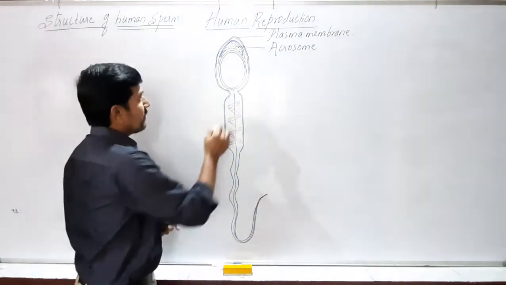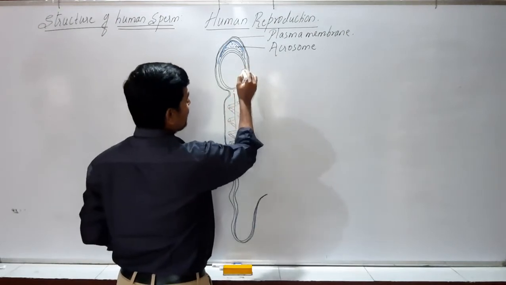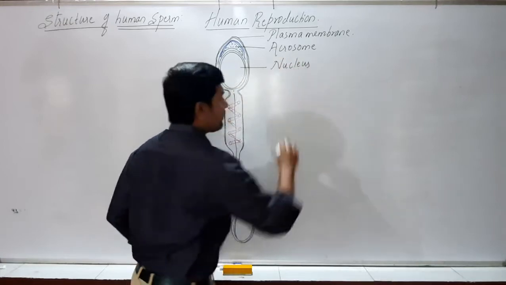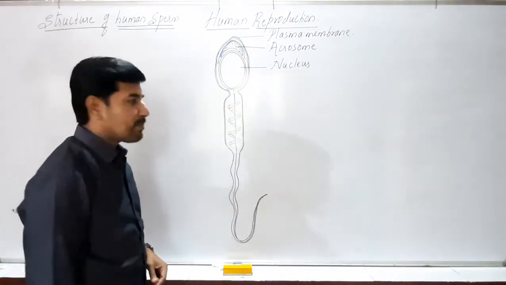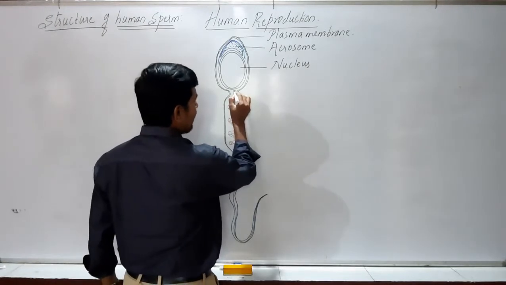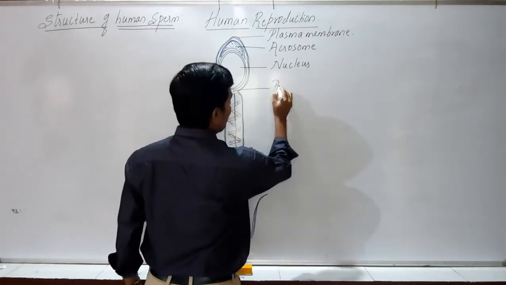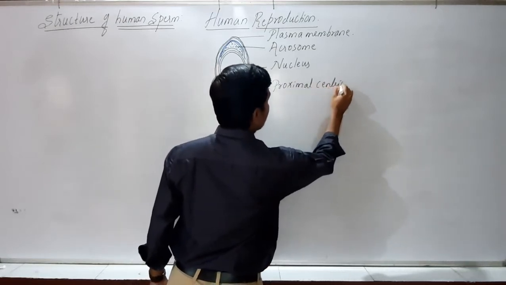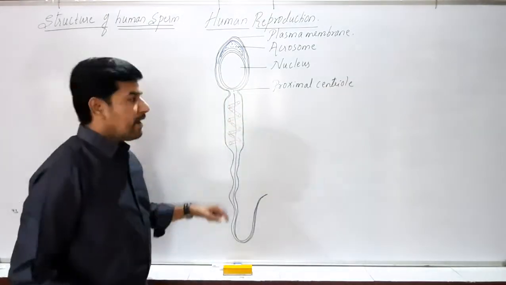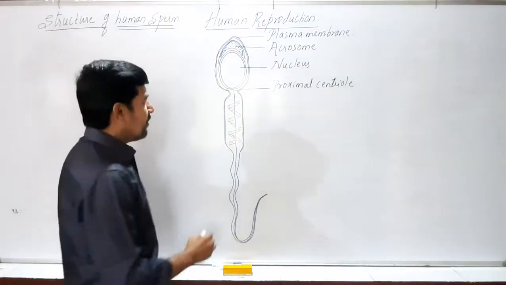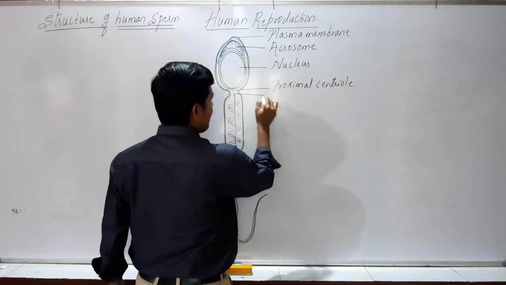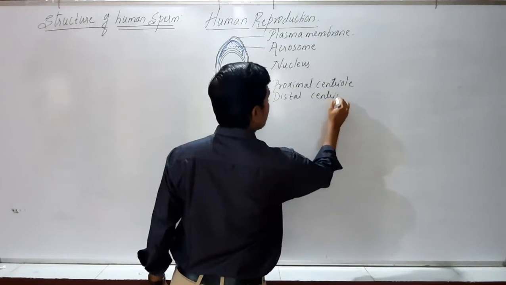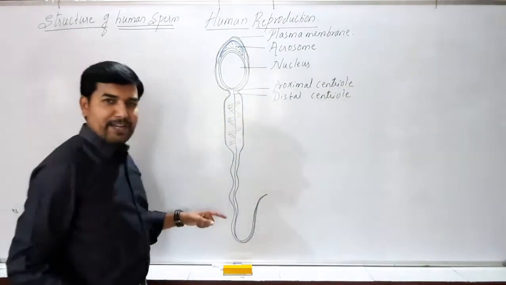Below the acrosome, the largest part, as we see here, is called the nucleus of the sperm. Then here we have a centriole, called the proximal centriole. Below the proximal centriole, we have one more part called the distal centriole.